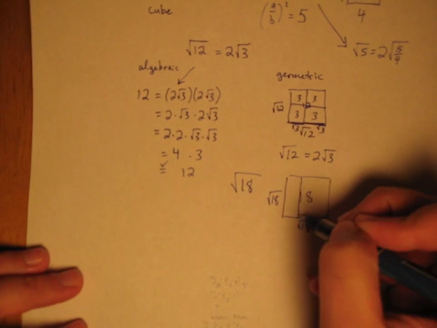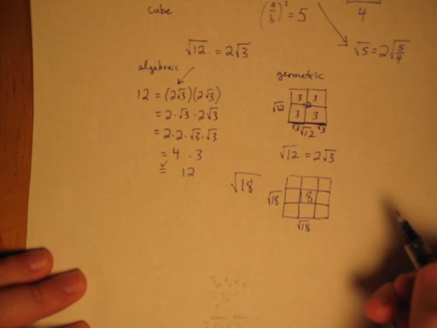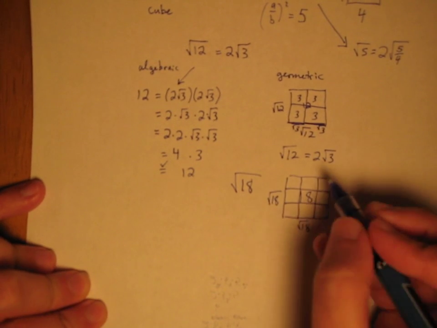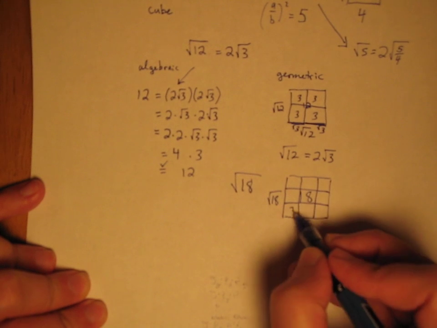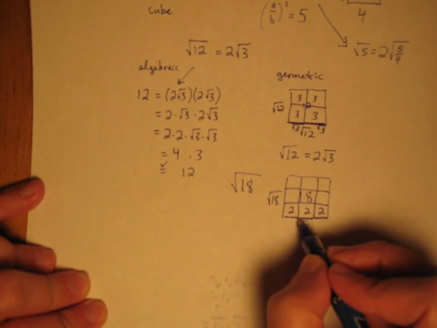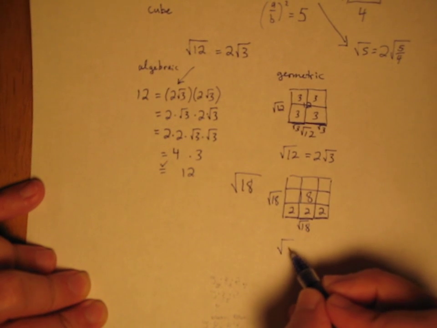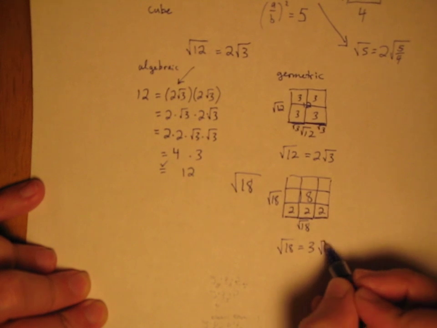So if I chop this up into 9 little squares, each of their areas will be 2. I'm not going to write them all in, but I will write the ones along the bottom here. This distance and this distance and this distance are each root 2. So we can see that the square root of 18 is equal to 3 times the square root of 2.